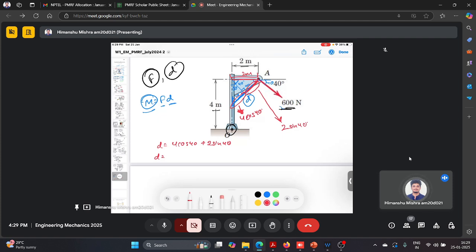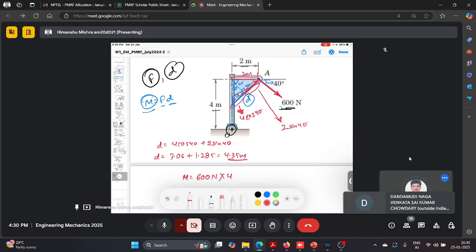So it will become 3.06 plus 1.285, which is 4.35 meter. So this is my d. Now I can calculate the moment, which is 600 Newton multiplied by 4.35 meter.